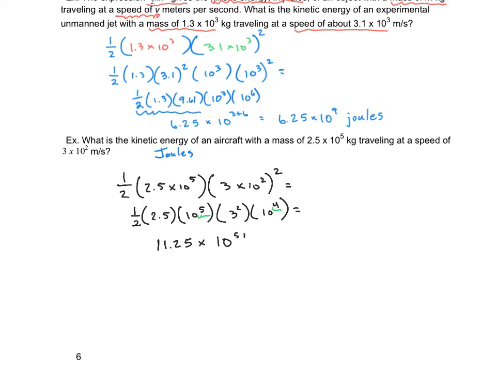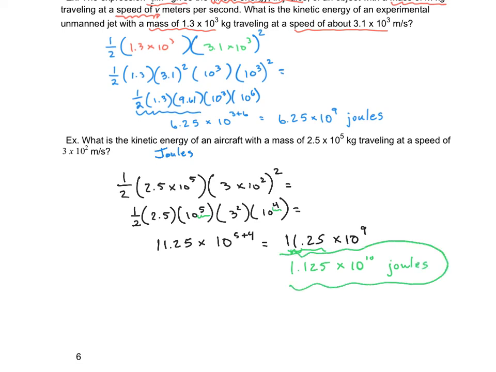So we have 5 plus 4, which is going to give me 11.25 times 10 to the 9th. But we are not in scientific notation any longer, so we need to make sure that we move our decimal place. We're going to move it left 1, so we're going to be positive. So it's going to be 1.125 times 10 to the 10th joules of energy. Okay, so there is where we end up.